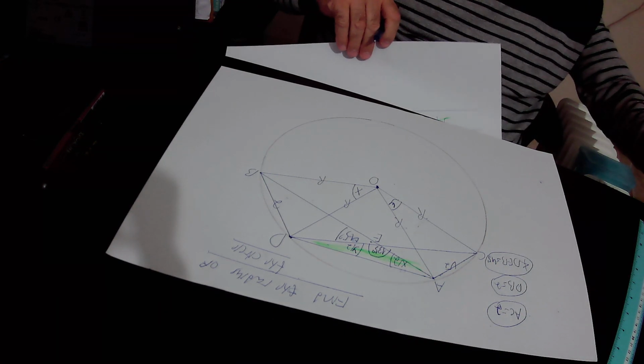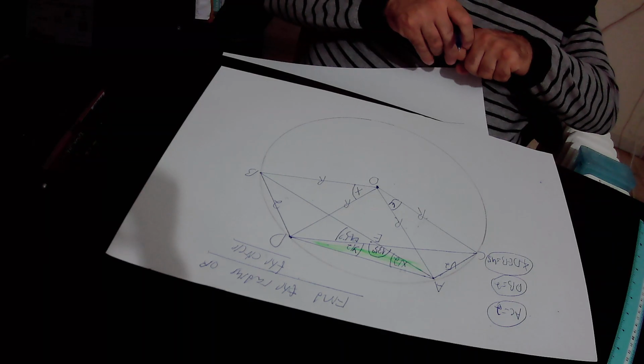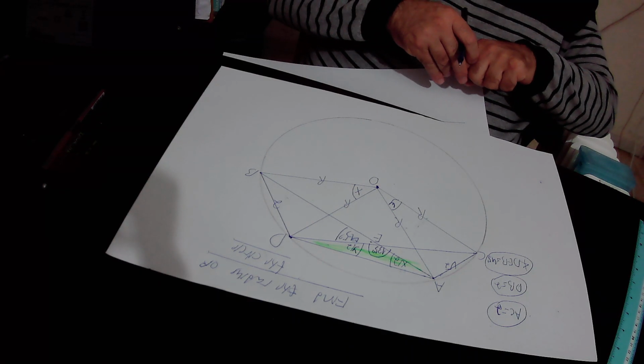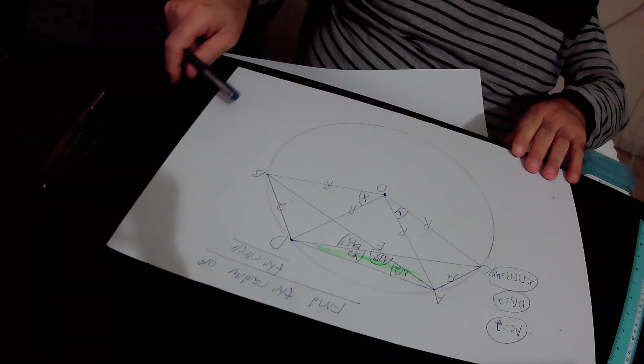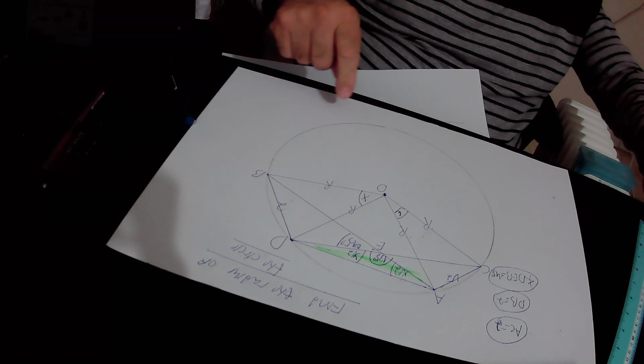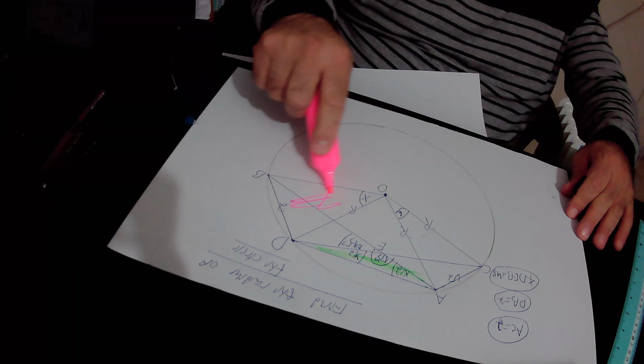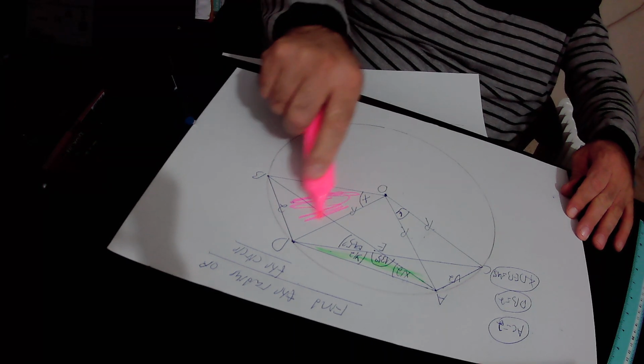In the next step, we will implement the law of cosines on the pink triangle, ODB.